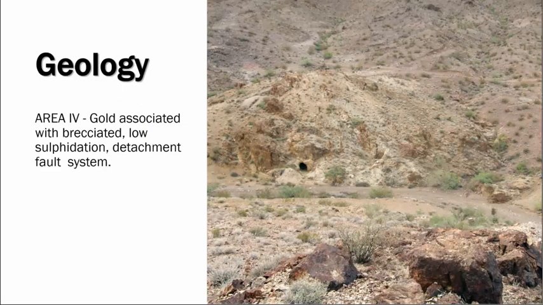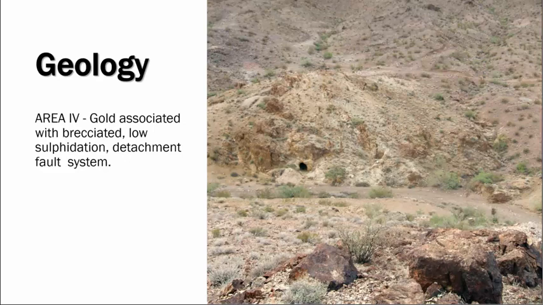The Van Deemen property is characterized by Precambrian gneiss and schist, which is overlain by mid-tertiary volcanics and sediments. The two rock formations are brought into contact by a regional low-angle detachment fault with its attendant breccia zone.